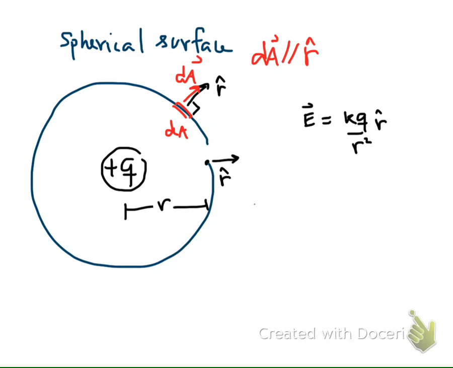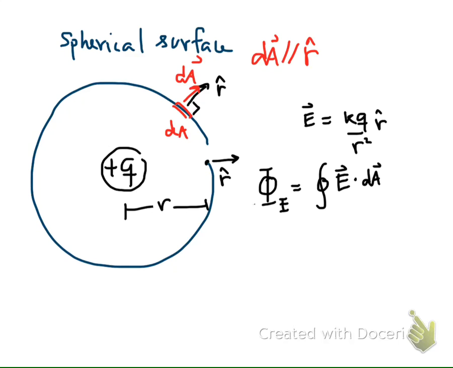So if I want to calculate the total electric flux that passes through the outer surface of this spherical surface, from the definition of the flux, it's equal to the integral over the closed surface of E dot dA.